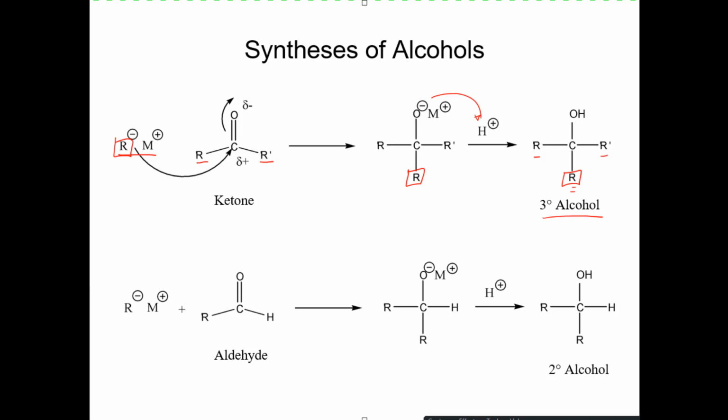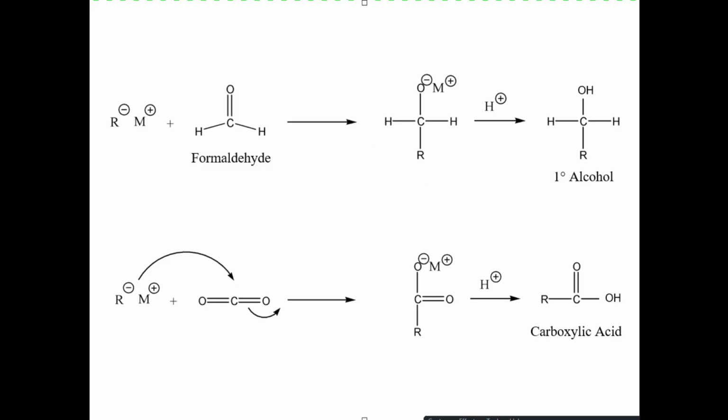If you want to make a secondary alcohol, as we saw, react your Grignard with your aldehyde. That alkyl group, that carbanion will add to the carbonyl, and then you'll protonate it with H plus to give you the secondary alcohol. So if you want to make a secondary alcohol, it's Grignard plus aldehyde. And then if you want to make a primary alcohol, what you need is basically a carbonyl that has two H's on it. This is called formaldehyde.